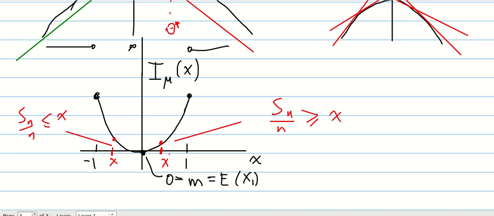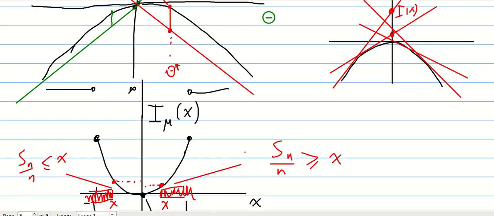You just have to take care that the exponential decay refers to being bigger than x above the expectation or smaller than x below the expectation. So this is the region that has this exponential decay, and this is the region that has this exponential decay.